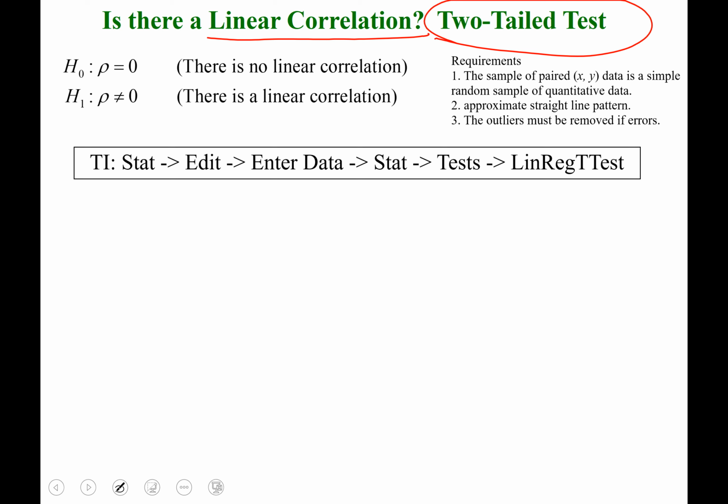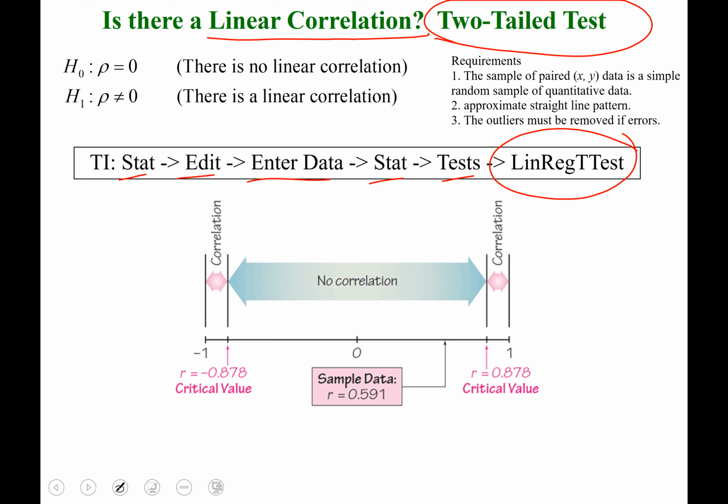You guys have seen it on your technology or graphing calculators before. It's called LinRegTTest. It stands for Linear Regression T-Test. And you'll find that by hitting Stat, Edit, you'll enter your data there, and then actually you'll find the program by hitting Stat, Test, and scrolling down to Linear Regression T-Test.